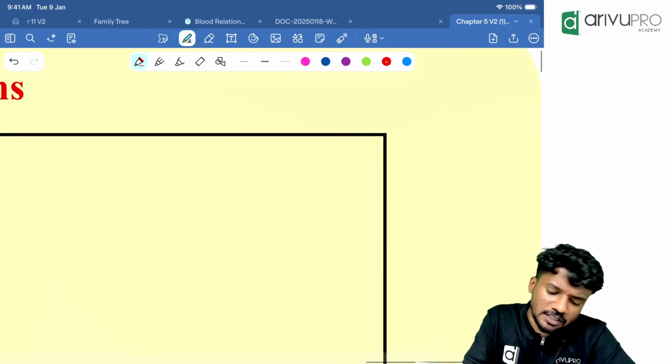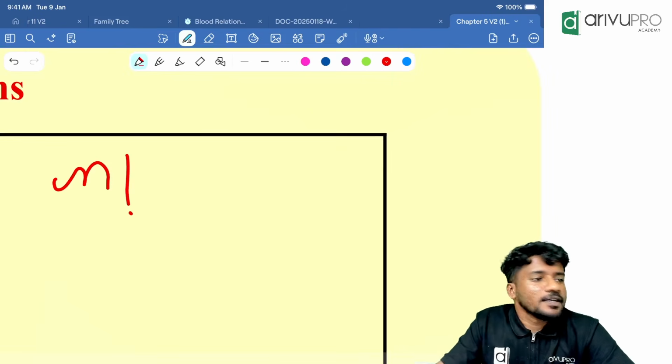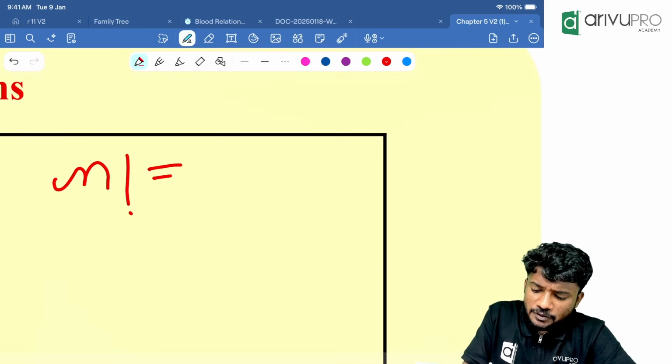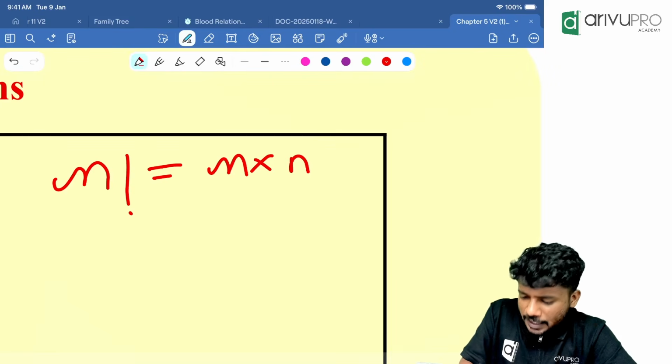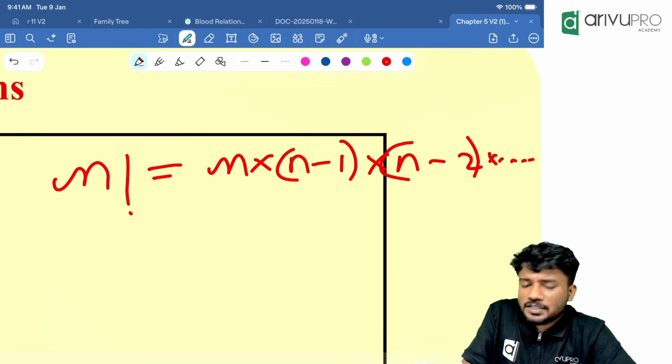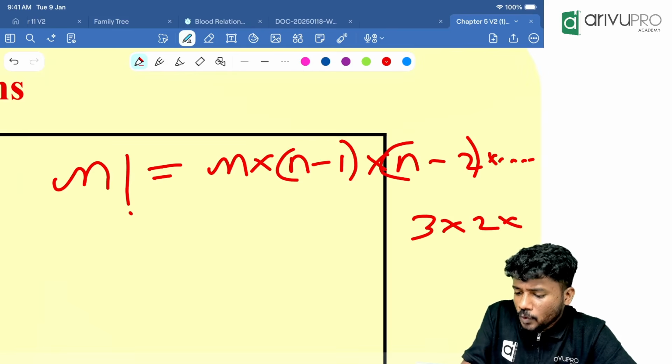Then basic things. Factorial. What is the usual way of writing factorial? N factorial means n into n minus 1 into n minus 2 and so on, down to 3 into 2 into 1.